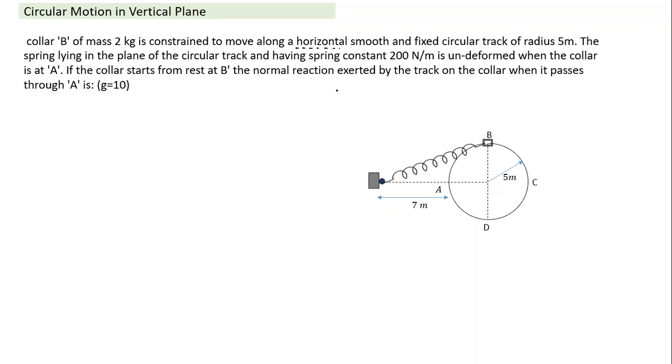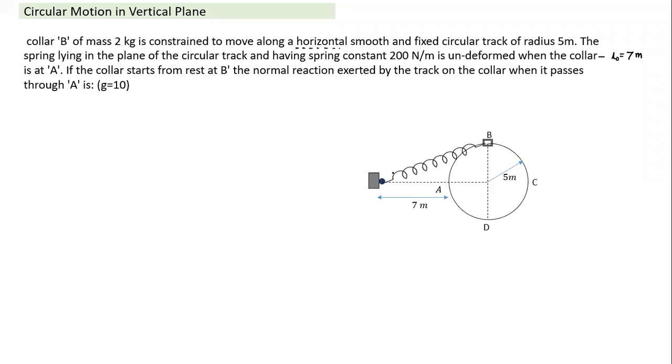There's a spring here, with a spring constant given, and it is undeformed when the collar is at A. So when the collar reaches this point, the spring is at natural length. Indirectly, it means the natural length of the spring is 7 meters. That's what is given, this distance 7 meters. So this part of the statement implies that L0 of the spring is equal to 7 meters.